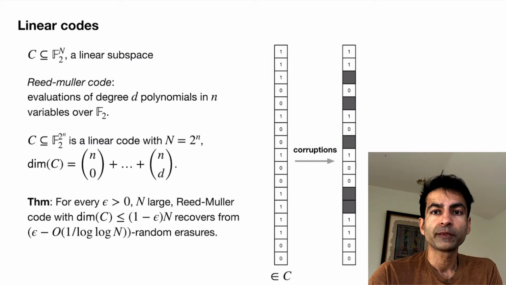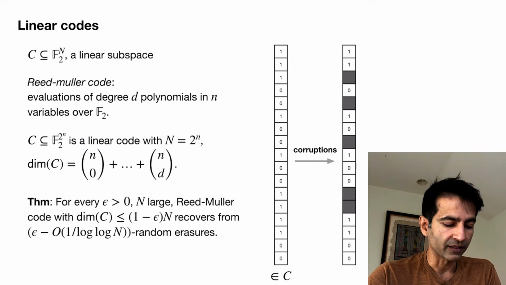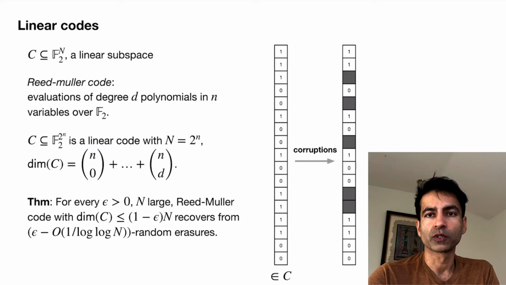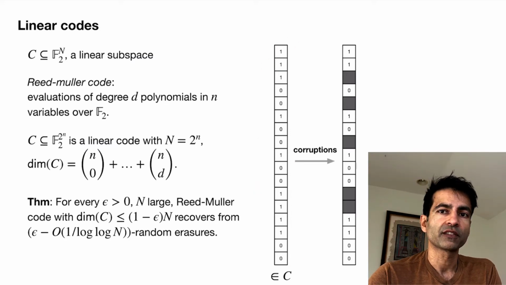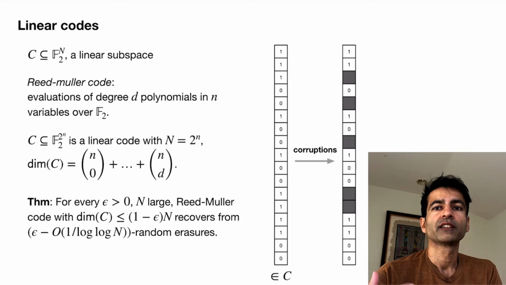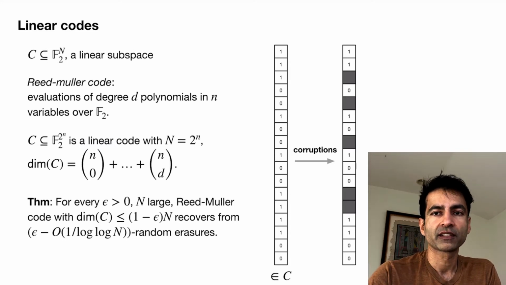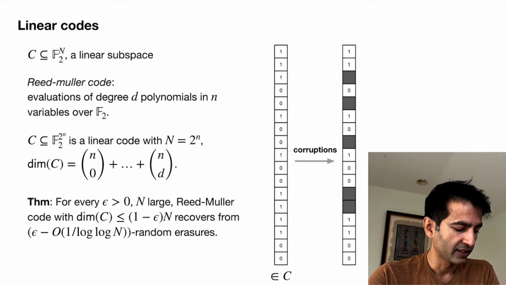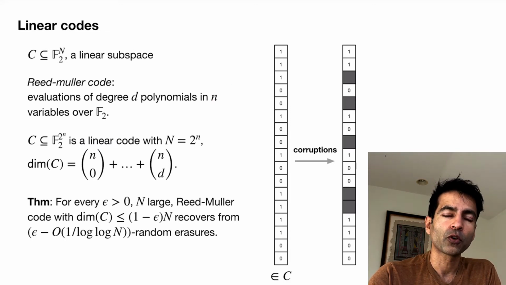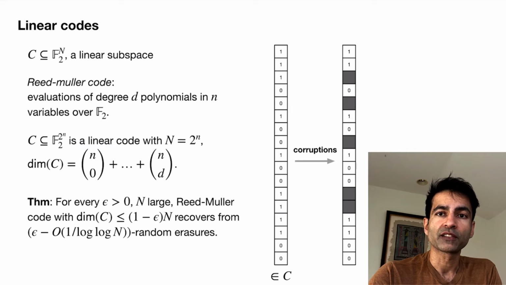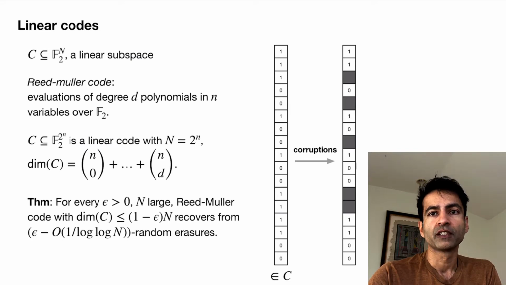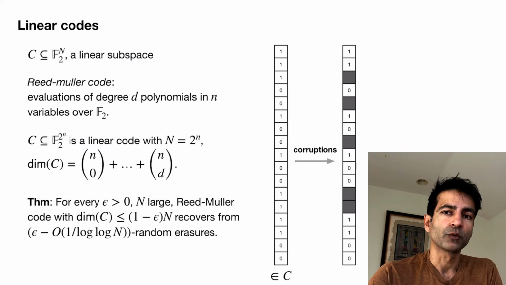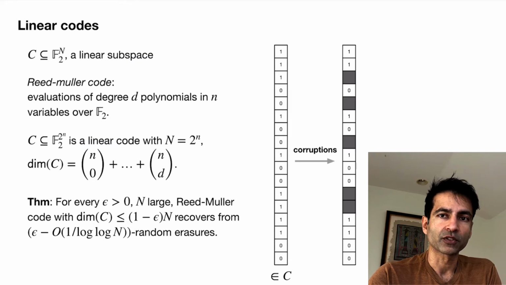Every code word in the Reed-Muller code corresponds to a polynomial. And the string that corresponds to the code word is just the evaluations of that polynomial on all of the points in F2 to the little n. So the Reed-Muller code is actually exactly the set of evaluations of all polynomials of degree at most d, where d is a parameter associated with the code.